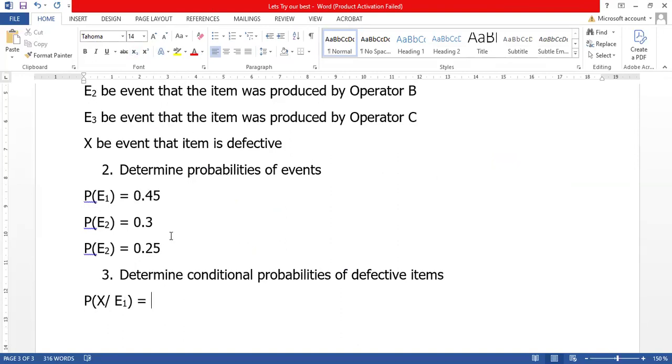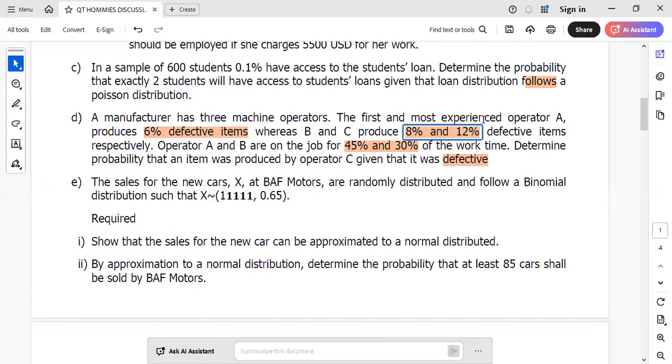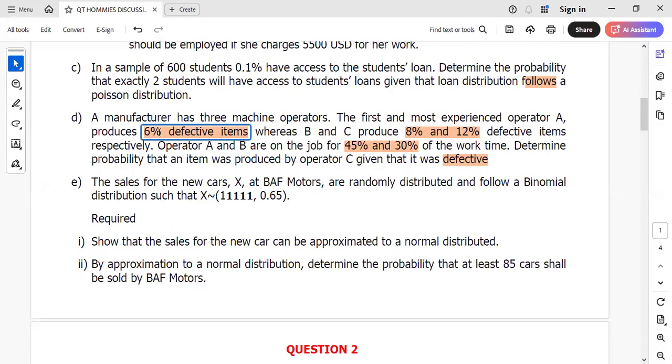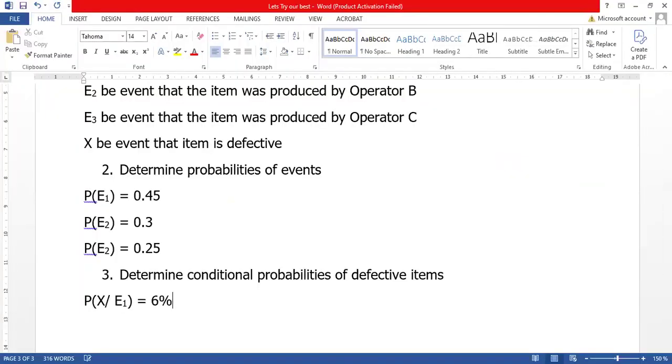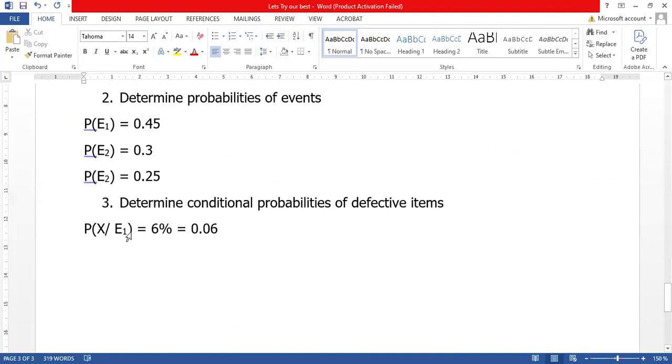I believe we have those probabilities in the question. The first and the most experienced operator produces 6% defective items. So here you have a defective item produced by operator A, 0.06.